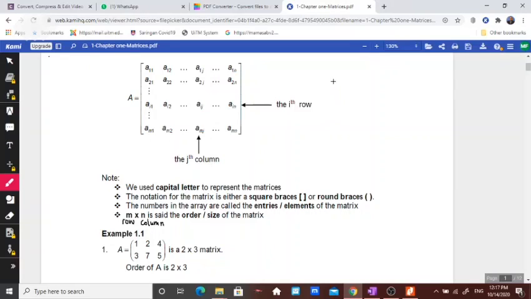So this is the complete notation for a matrix. We use a capital letter, then we use the square bracket here. Let's say we have the matrix of 1, 2, 3, 4 as the elements of A.